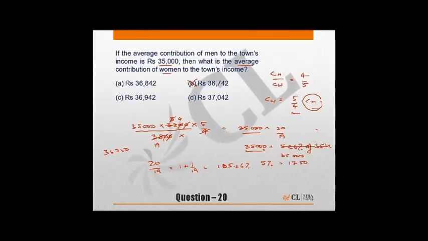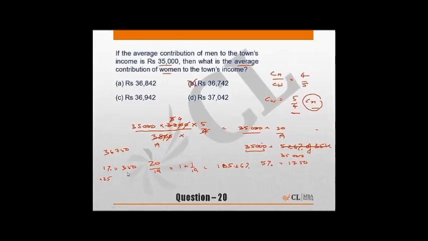So 5% is 1750. Now we need to find out 0.26%. So now that we have calculated 5%, we need to calculate 0.26% again. 10% we have already said is 3,500. 1% is equal to 350. 0.25% will be 1/4 of this.